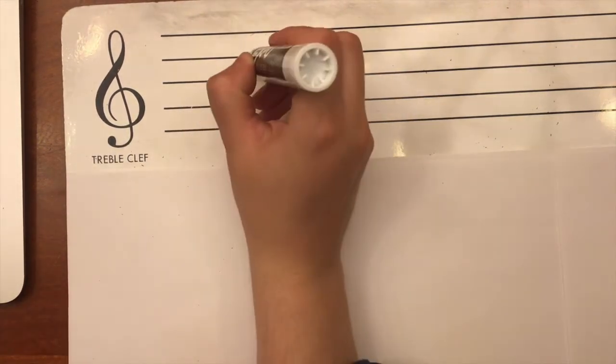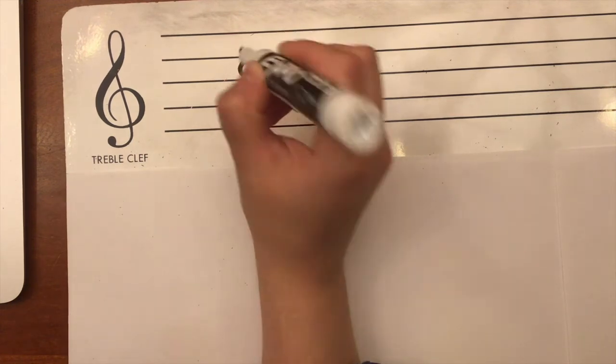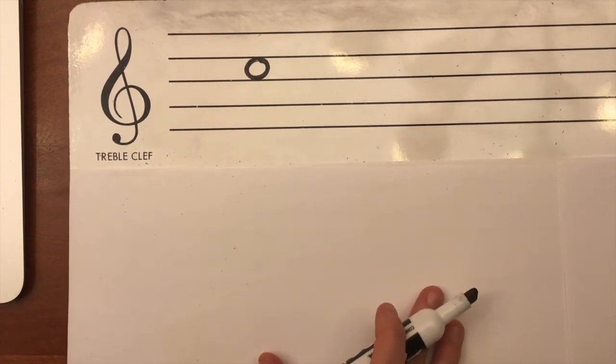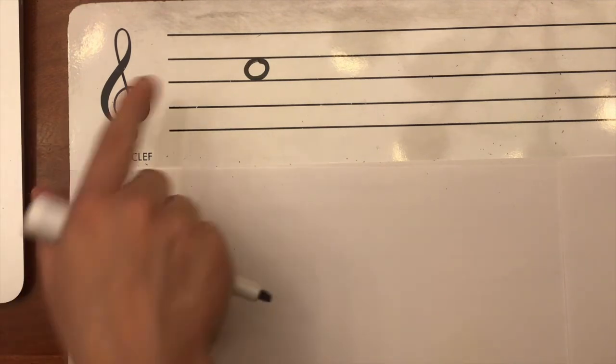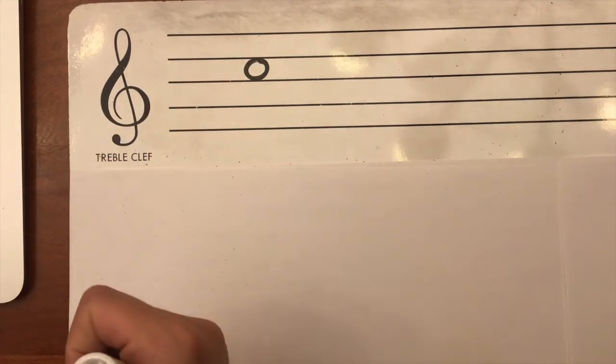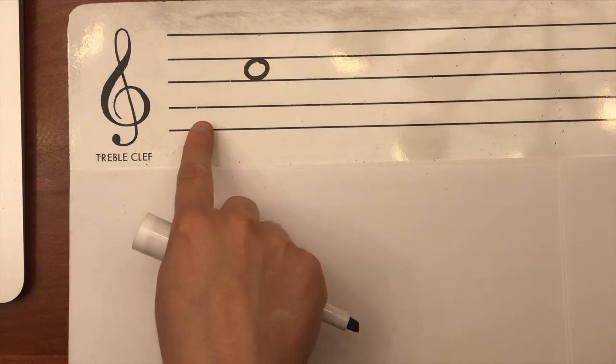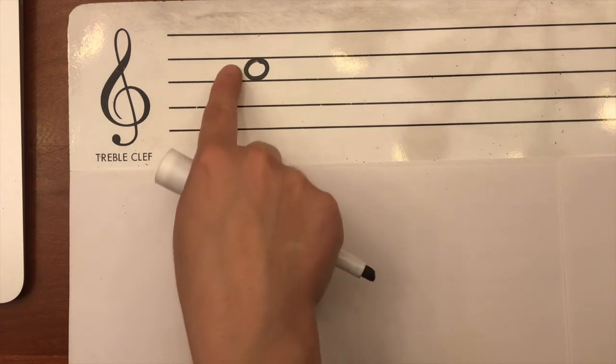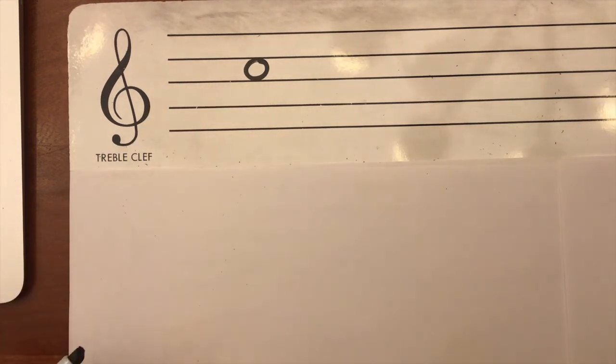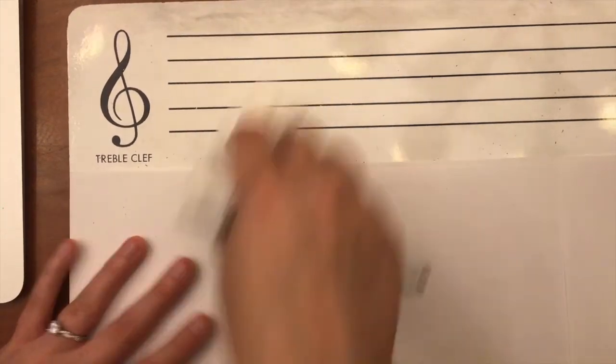Next one. Okay, so is it a line or a space? If you answered space, awesome job. And we're gonna count up the letters of face. So F-A-C, so that would be C. A couple more.